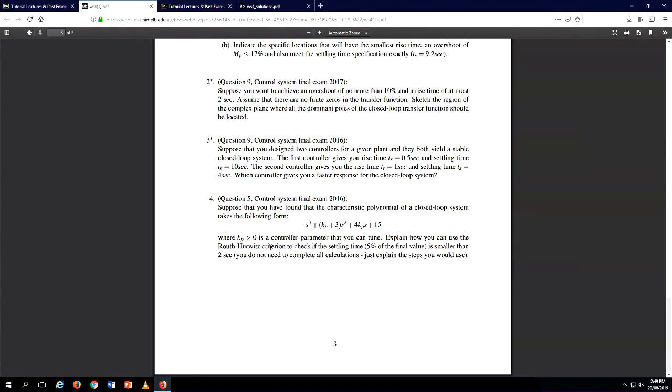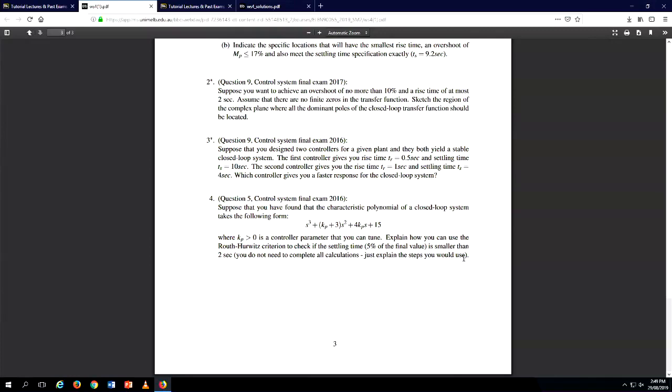And you are asked here, explain how you can use Routh-Hurwitz criterion to check if the settling time, 5% of the final value, is smaller than 2 seconds. You do not need to complete all calculations, just explain the steps that you would use.